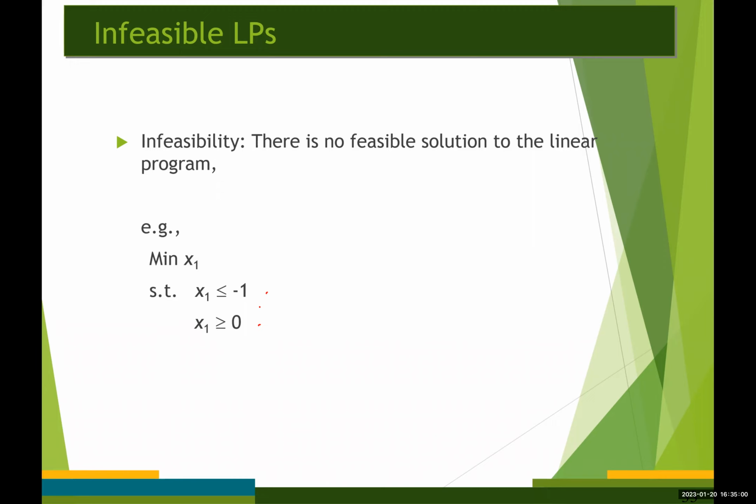The feasible region contains no points, right? Resulting in an infeasible LP, okay? Because the optimal solution to any LP is the best point in the feasible region. So an infeasible LP has no optimal solution, okay?